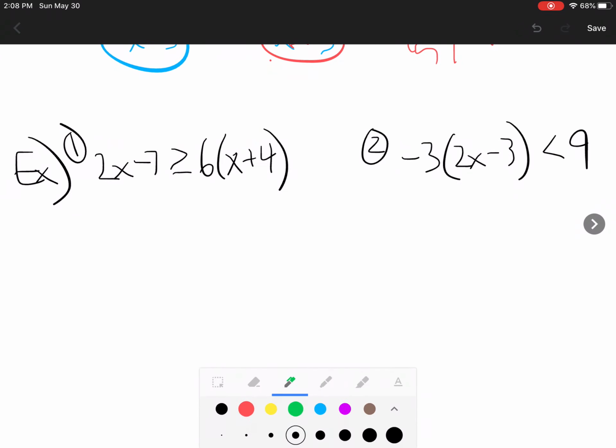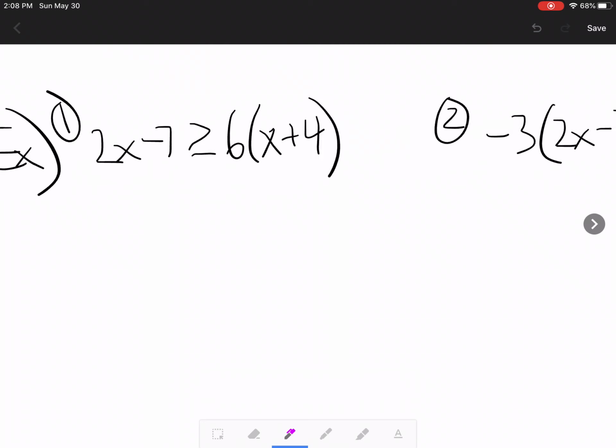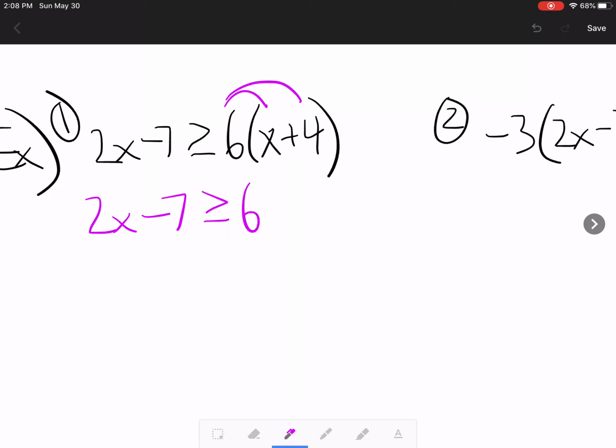So let's go purple. Just like we would deal with equations, we're going to approach these the same way. Nothing I'm going to do on my left-hand side, but I will distribute the 6 here. So 2x minus 7 is greater than or equal to 6x plus 24. Now, I like to keep my variables positive, so I'm going to subtract 2x from both sides, and subtract 24 from both sides.